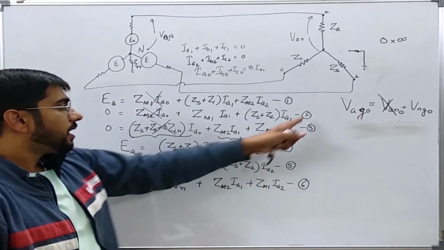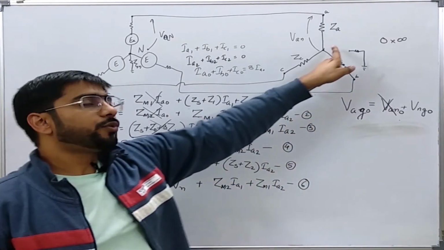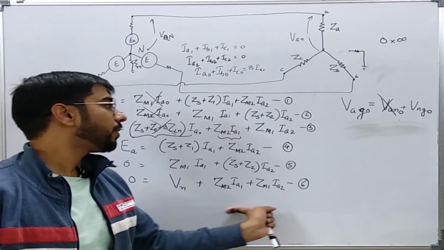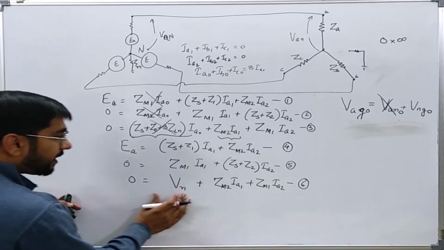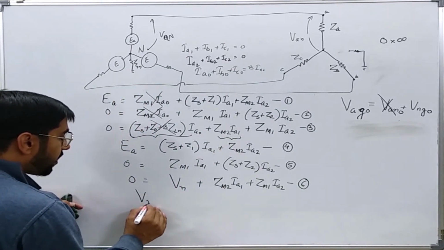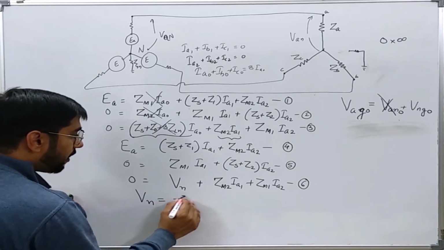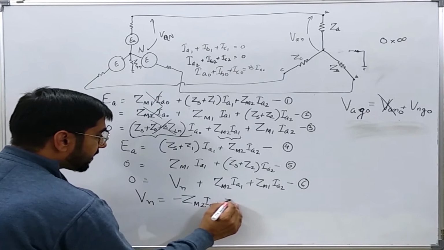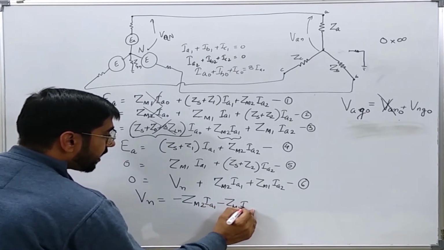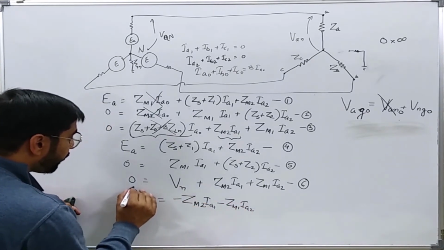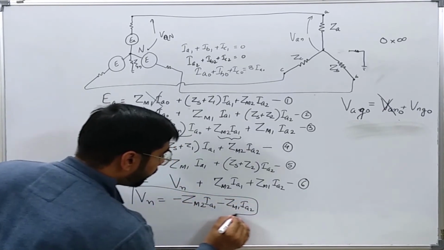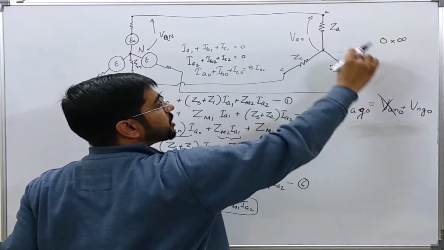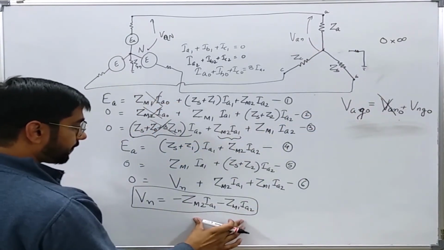Now the upper 3 equations are for when there is a neutral connection, and the lower 3 equations are used when there is no neutral connection. From this I can find the value of Vn. It is equal to minus Zm2 Ia1 minus Zm1 Ia2. So now we can find the voltage of this point N with respect to ground using this.